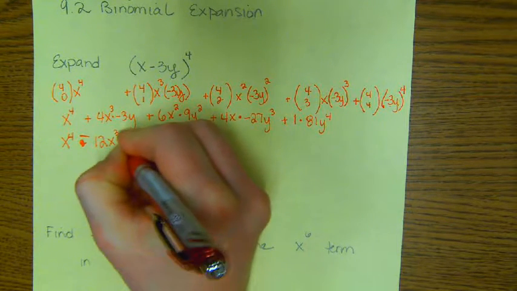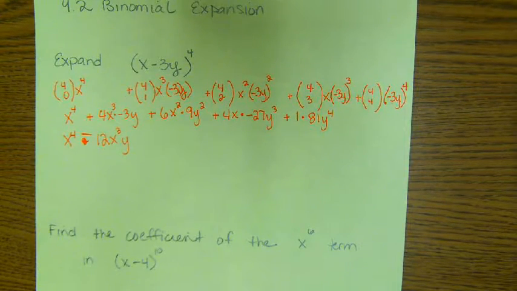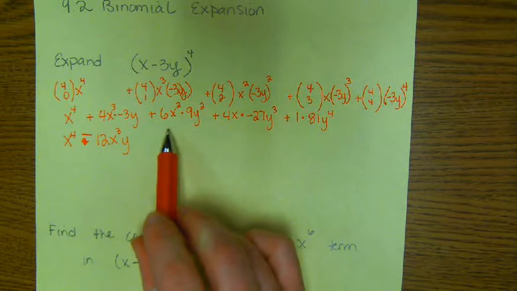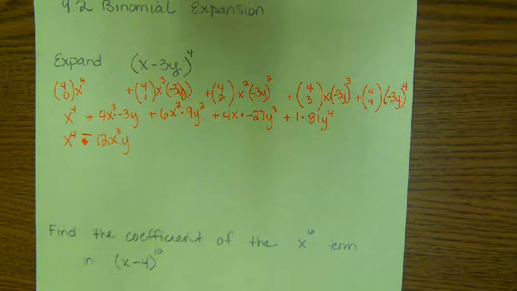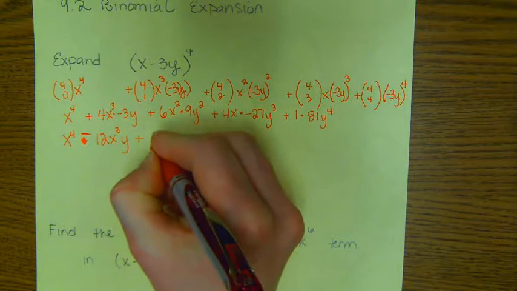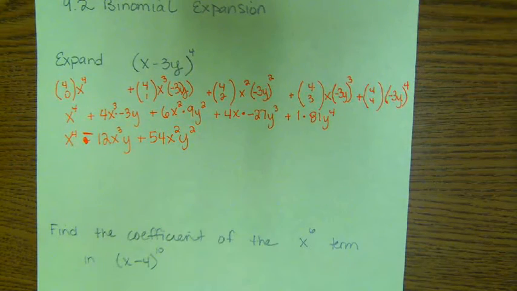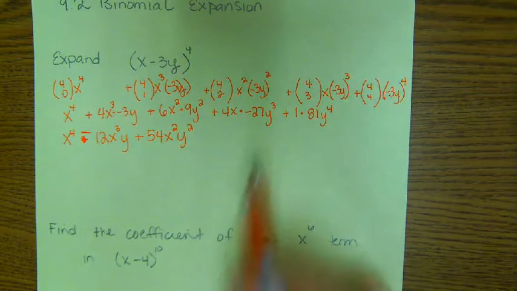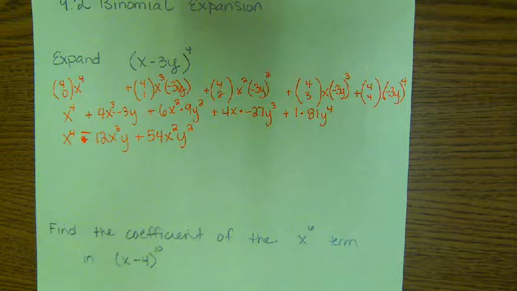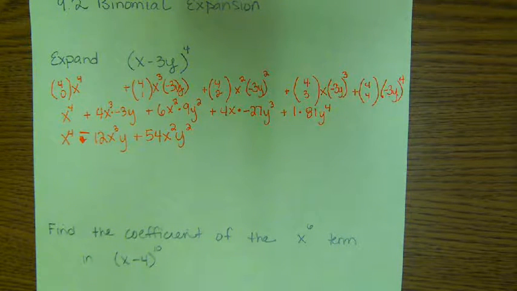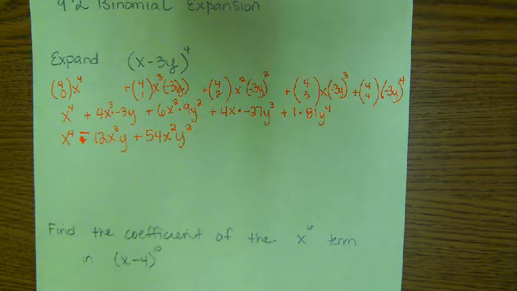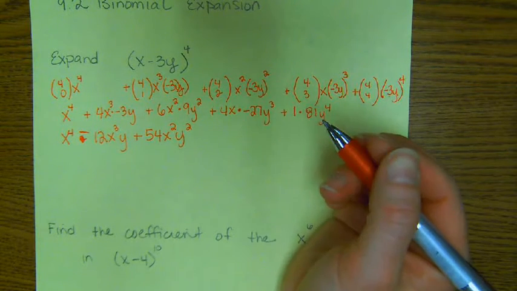What would the next term be? I have 6 times x squared times 9 times y squared. 54x squared y squared. And then what's negative 27 times 4? Negative 100 and... what is that?